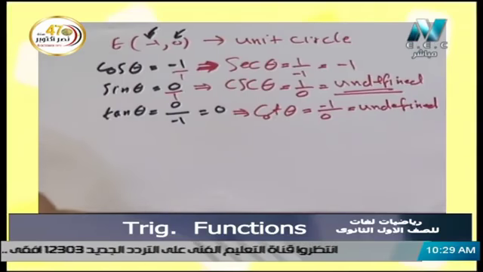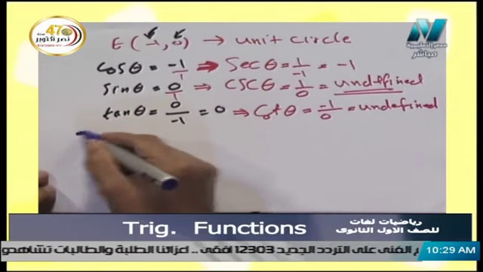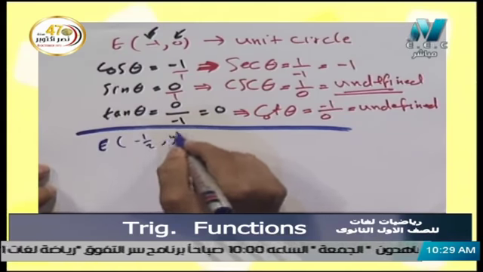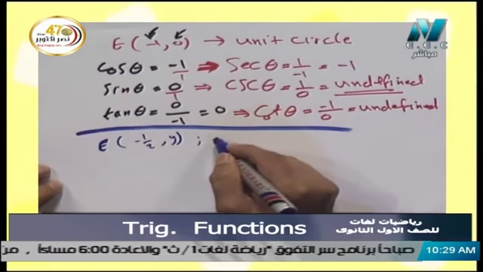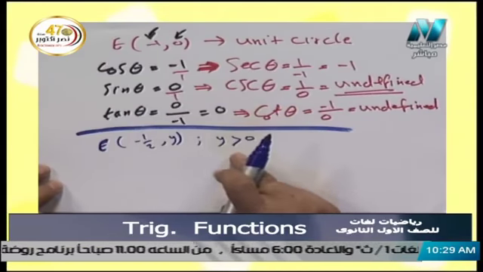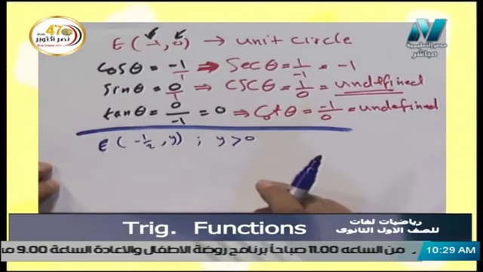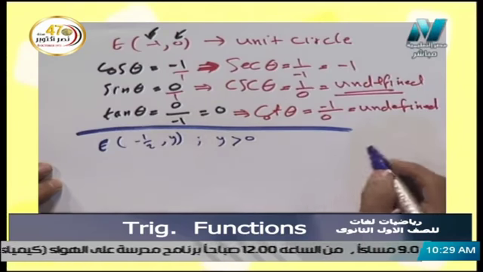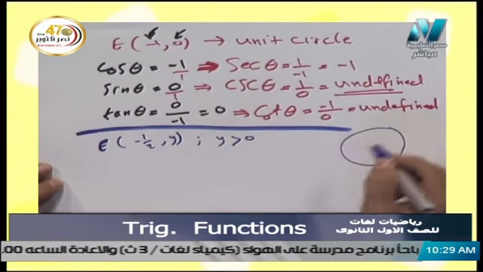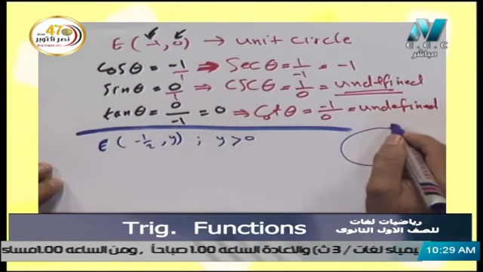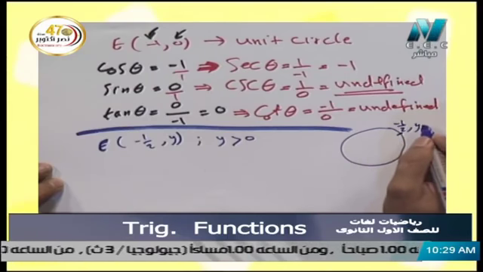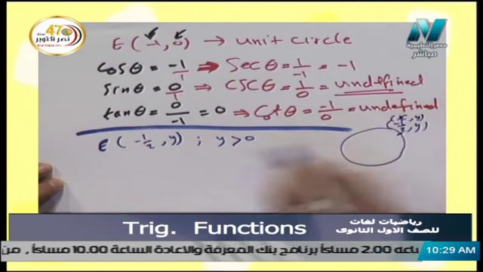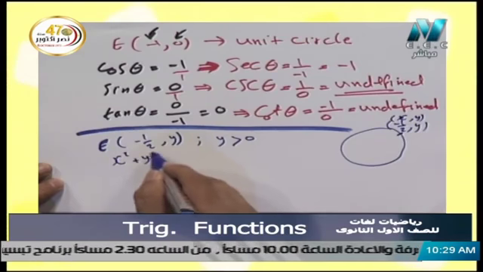If we have another point E, which is negative half and y, and we have a condition here that y is greater than 0, that means y here is positive, and we have to find the value of y. We know that if we have a unit circle and a point on it, as an example negative half and y, then x power 2 plus y power 2 equals 1.